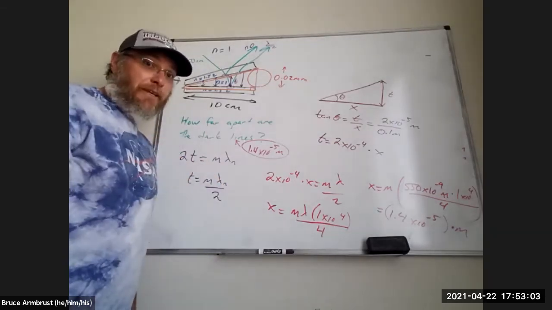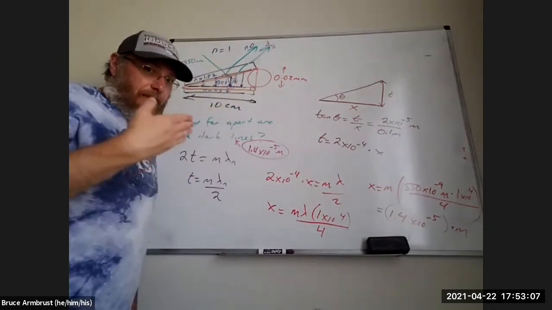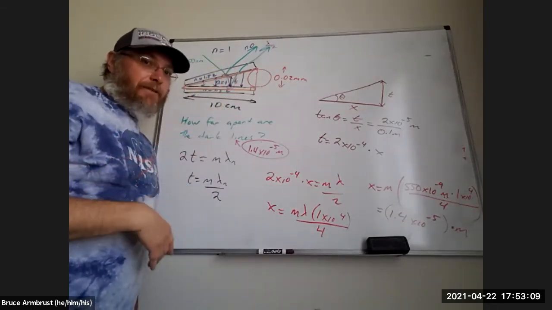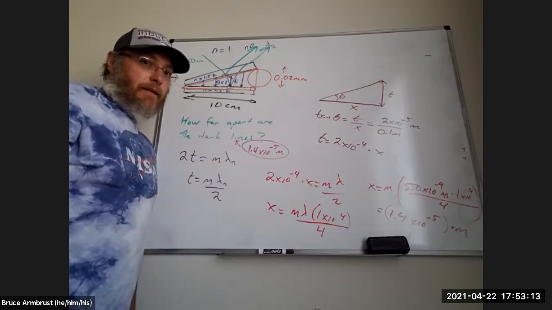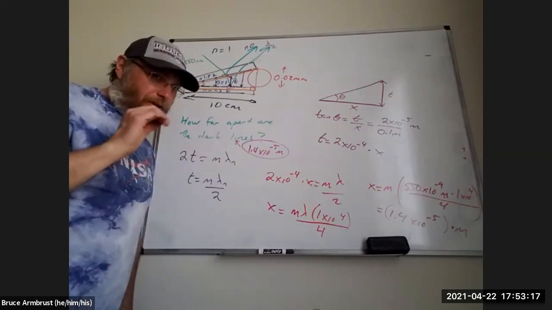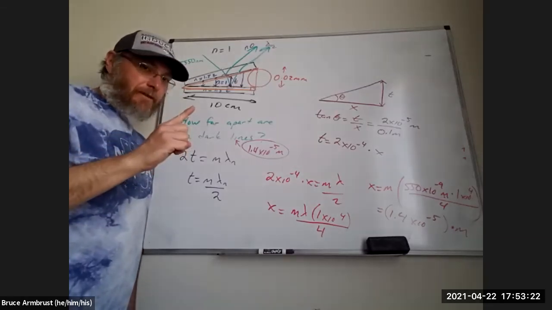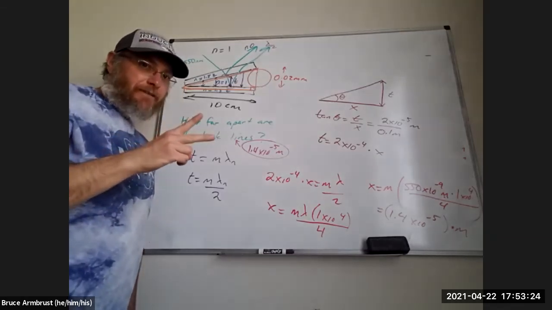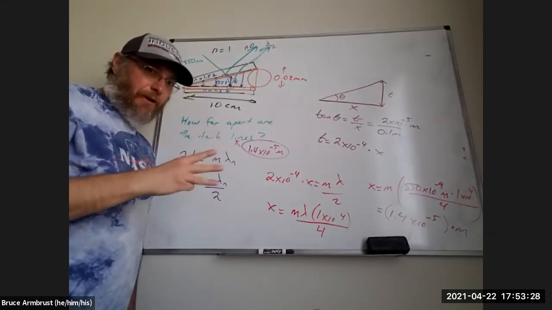And you get screwed because you don't realize that this example was glass to glass, and that other one's got ice in between. Next thing you know, things are wonky, right? So just go through the steps. Look at the reflections. Look at that extra distance and make sure in that extra distance you've accounted for different wavelengths.